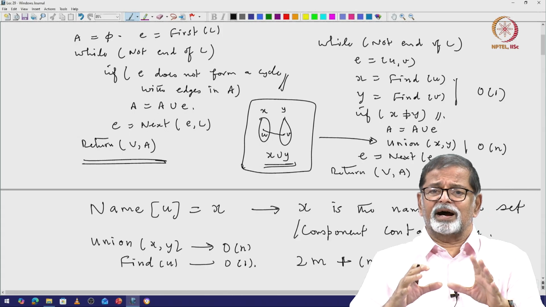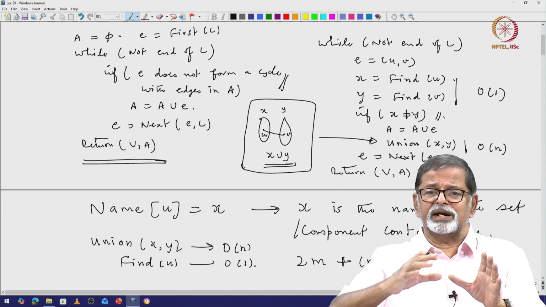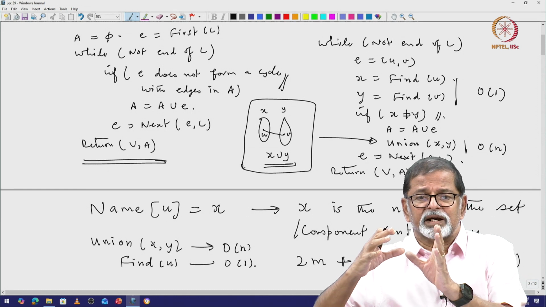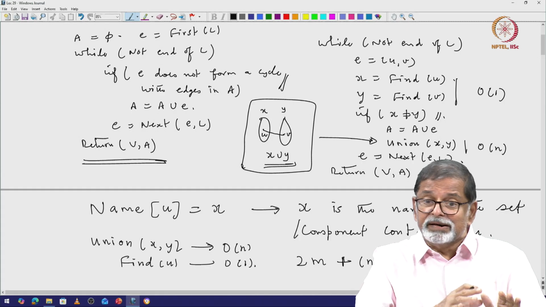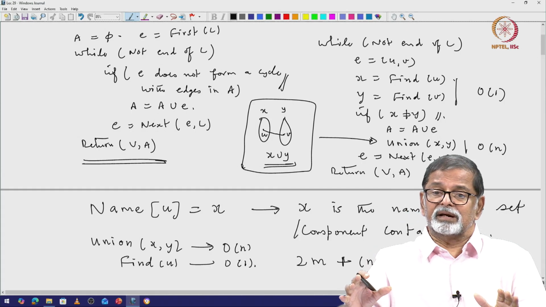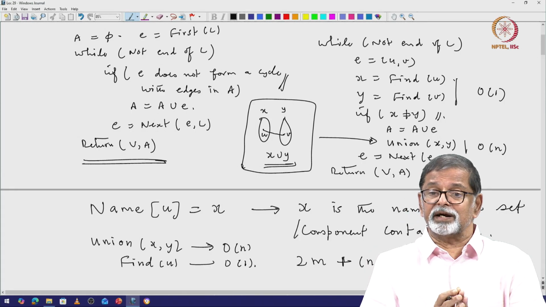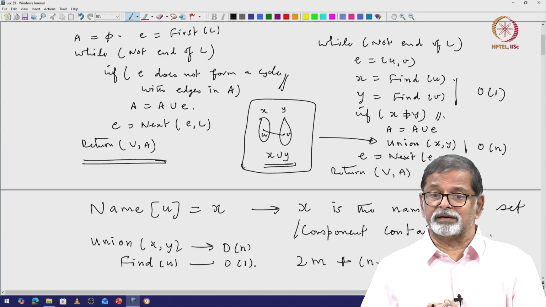And once I have the partition ADT as a key tool for implementation, I can look for a completely different way in which the partition ADT can be implemented, and I can plug that in here.